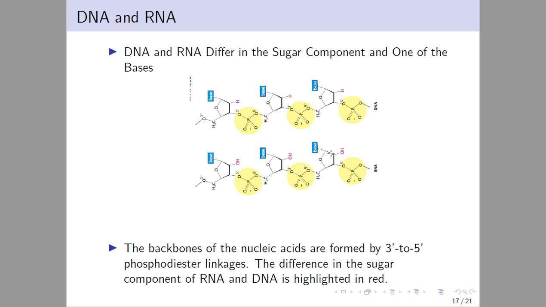And again, the backbone of the nucleic acid is formed by 3' to 5' phosphodiester linkages. The difference in the sugar component of RNA is highlighted in red. So hydrogen and OH. These are sugar, these are phosphate, these are sugar, these are phosphate.